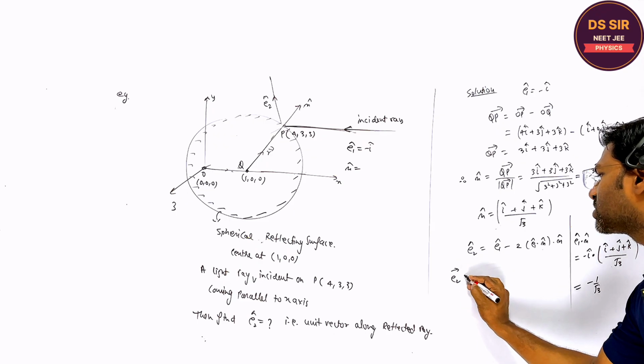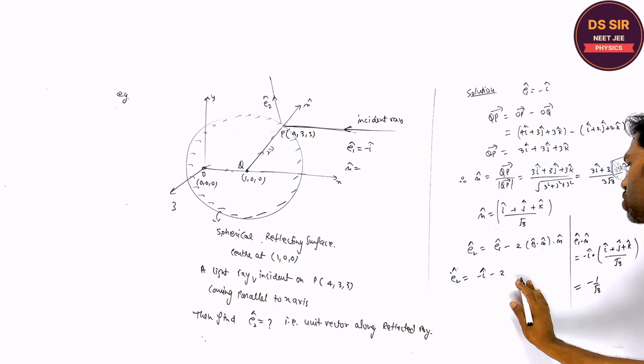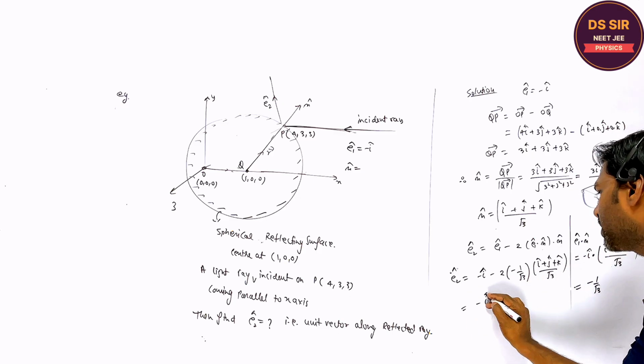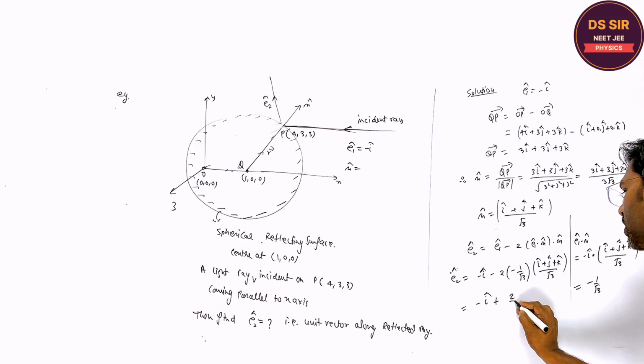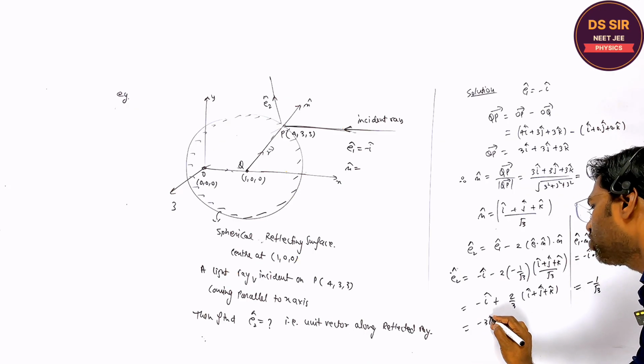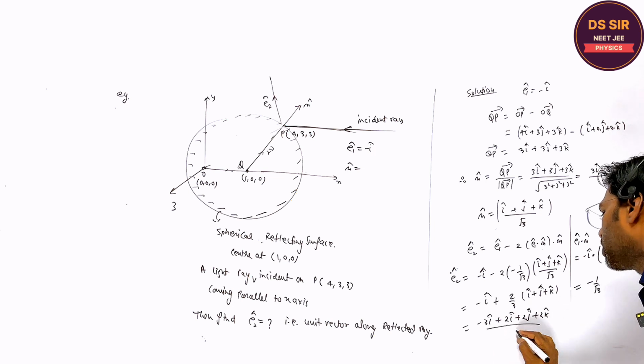So the E2 vector is E1, minus I, minus 2 times (E1 dot n cap, which we found to be minus 1 upon root 3). It is a dot product, so it must be a number. And the n cap is the unit vector I plus J plus K upon root 3. If you simplify, minus I plus 2 upon 3 times (I plus J plus K cap) gives minus 3I plus 2I plus 2J plus 2K upon 3.